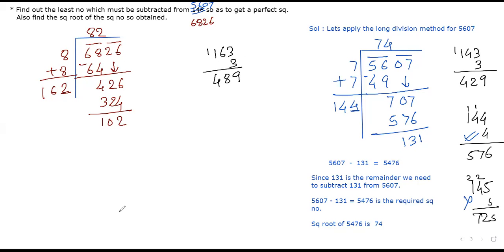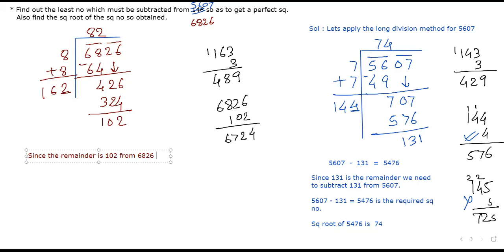So what do we need to do? We need to subtract 102 from 6826. So what is the required number? Since the remainder is 102, we need to subtract 102 from 6826 to make it a square number.